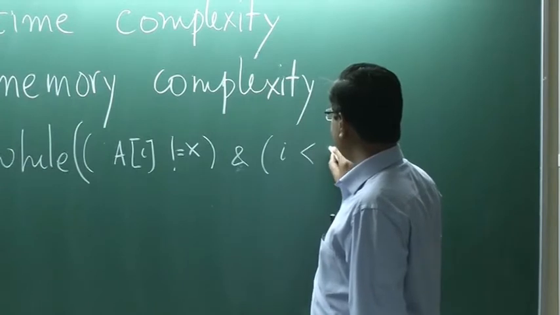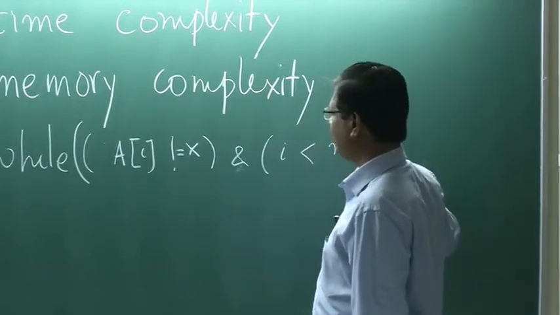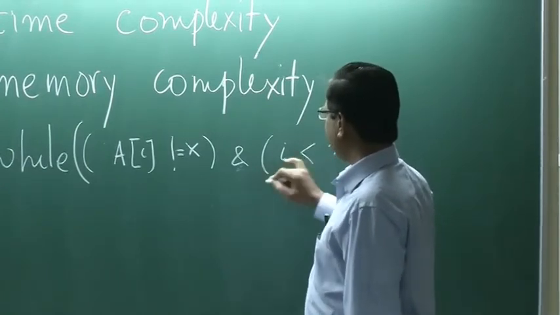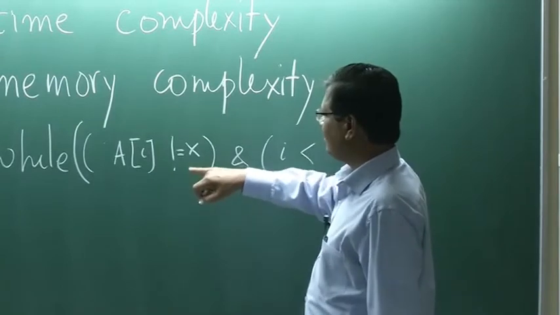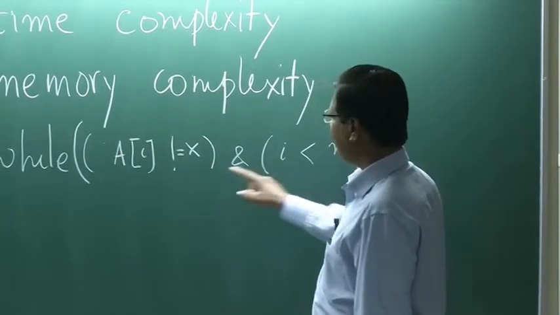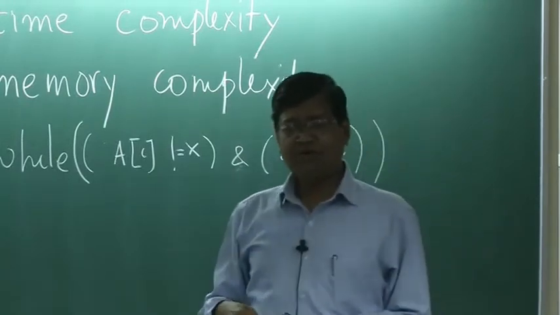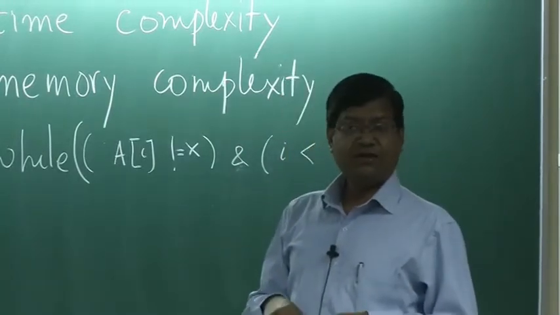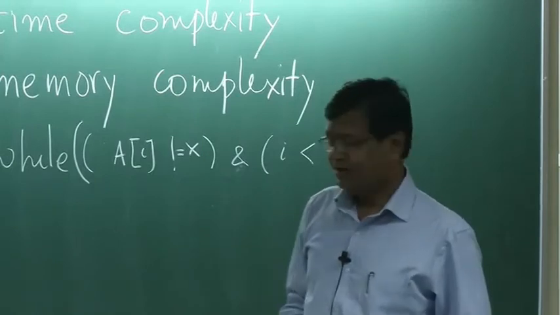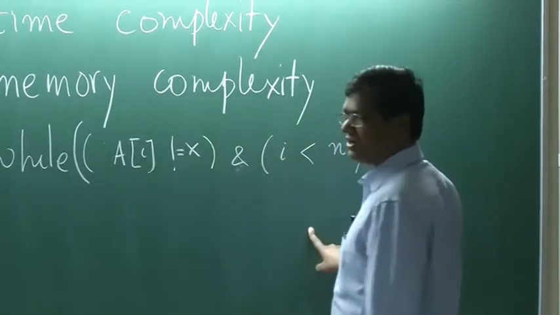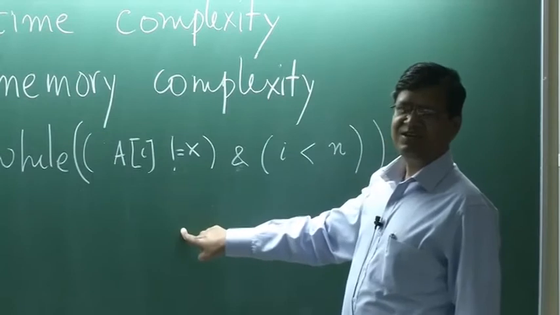I less than n. So I continue till these two conditions are satisfied. So when will it get out? If any of them is not satisfied. So if this is not satisfied, it will get out, or if this is not satisfied, it will get out.